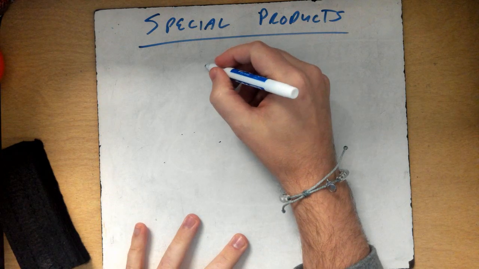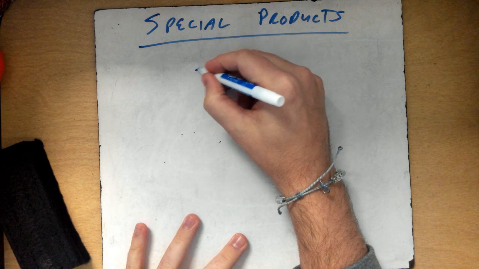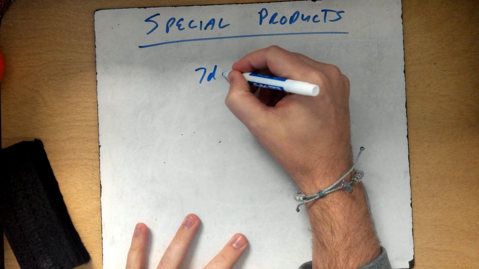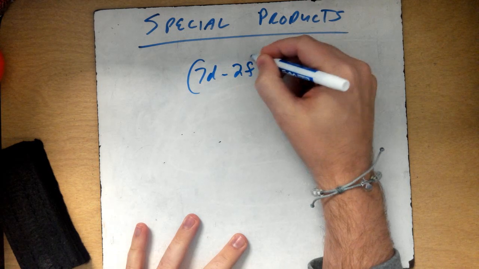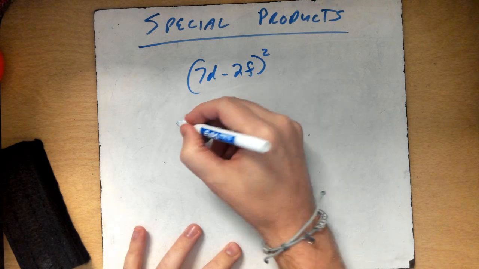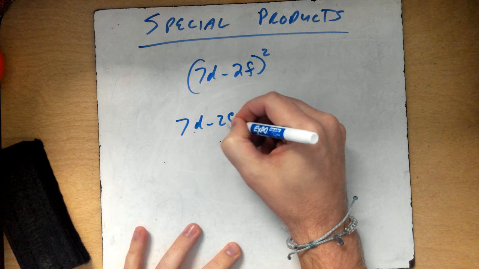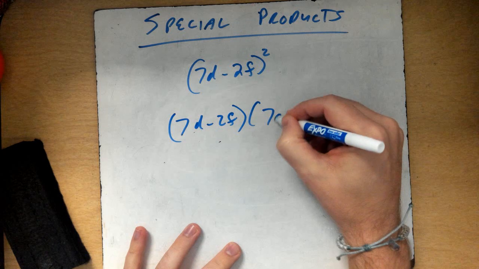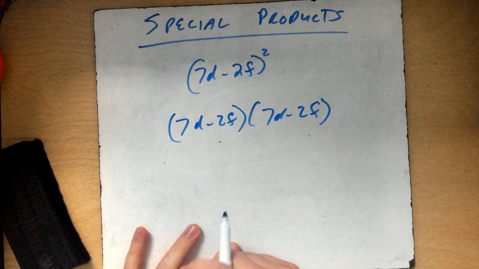So let's do 7d minus 2f, and that's squared, okay? So, long way. 7d minus 2f, 7d minus 2f, right?